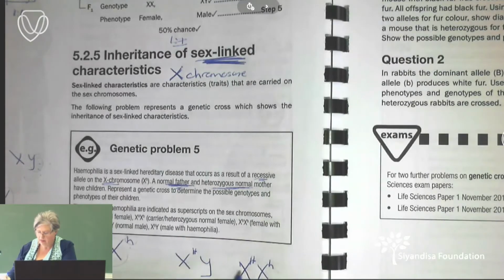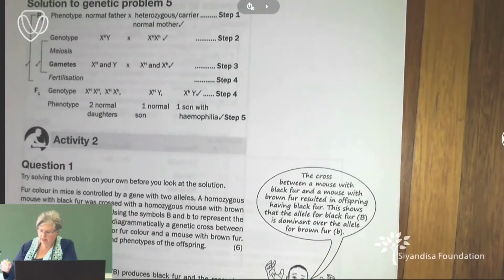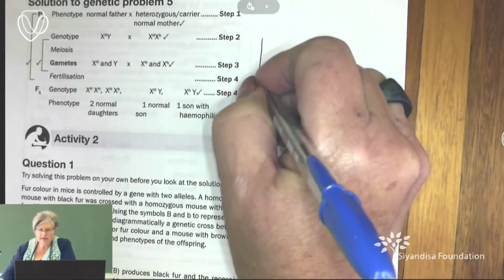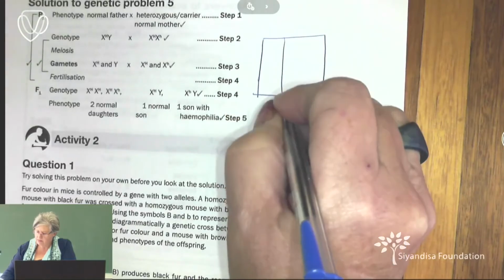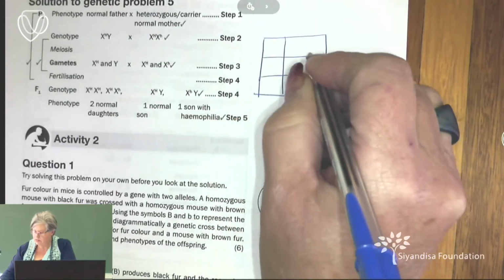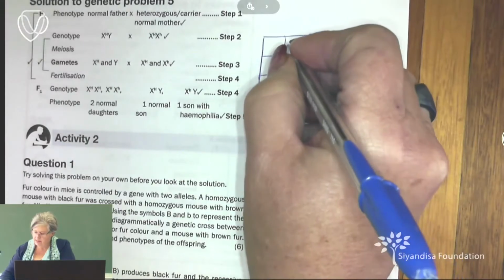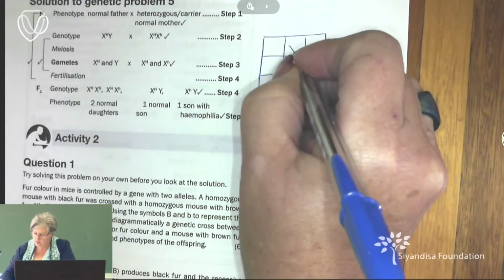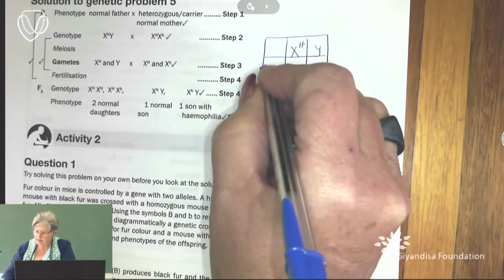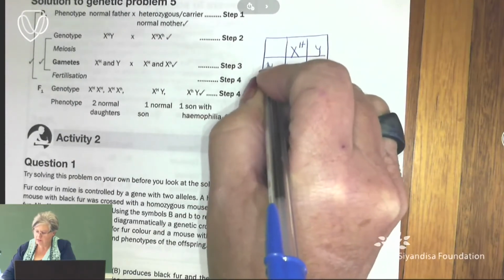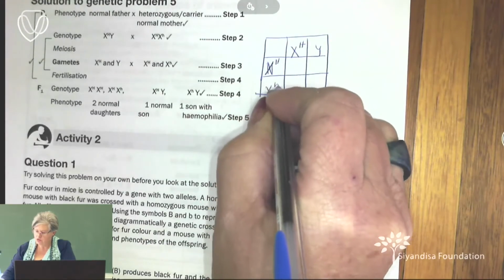So let's quickly see what will happen in this cross. I always use a Punnett square, because the Punnett square is the best way to make sure that you don't make a mistake. They say the father was normal, so I write the father in there. The mother was heterozygous, so she has a big one and she has a small one.